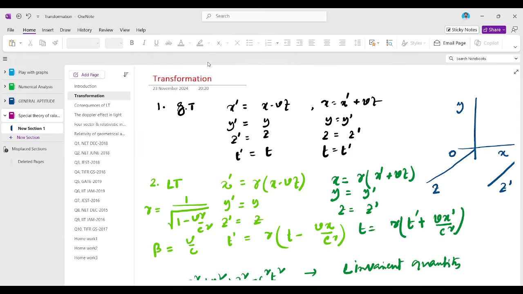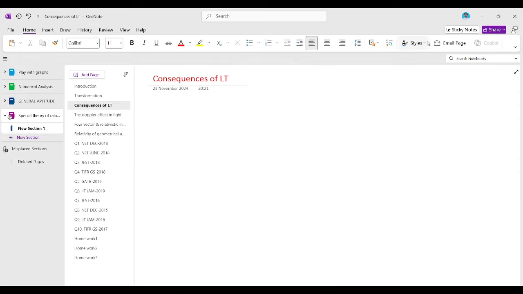Our next parameter, consequences of Lorentz transformation. So basically, first one is length contraction.